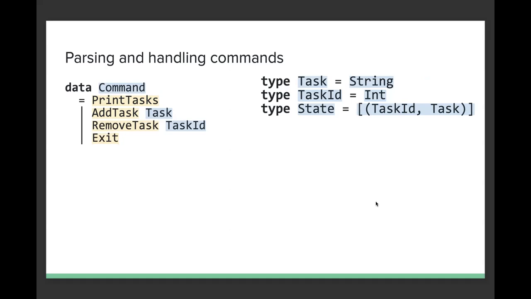We had that command as well. And you can, of course, add any other commands that you want. The point is, sum types are a really neat way to list exactly what commands you have and how many arguments of which types they have.